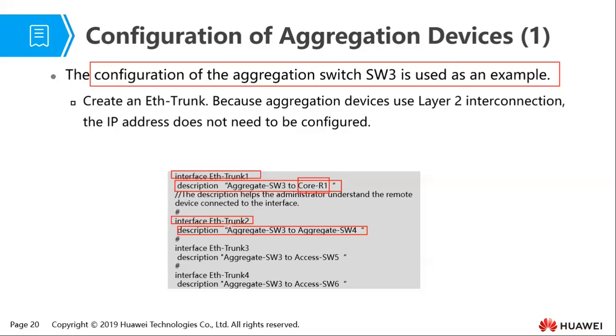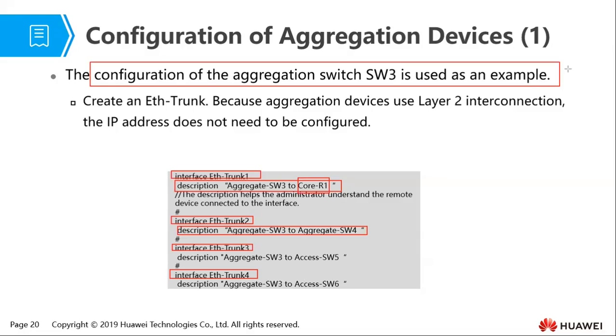Okay, then we create Eth-Trunk 2 that is connecting to switch 4, also Eth-Trunk 3 that is connecting to access switch 5, also Eth-Trunk 4 that is connecting to the aggregate switch. It's connecting S3 to that particular switch.